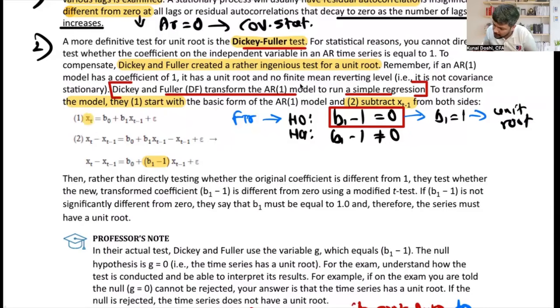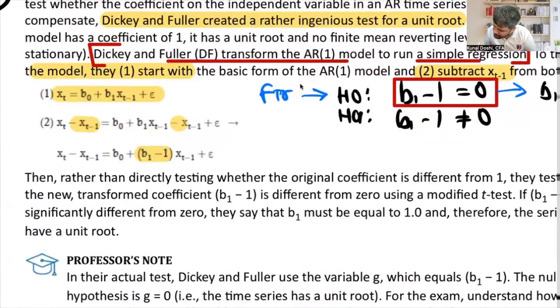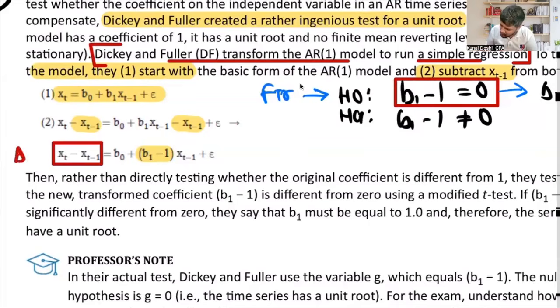See, this was the normal model, correct? This was a normal AR model. What we did is that we subtracted xt minus 1 on both the sides. Some mathematics they did here. So we subtracted xt minus 1 from both the sides. And then if you notice what happened, here xt minus xt minus 1 is basically the change in x. What is this change in x? From last year to this year, t minus 1 to t.